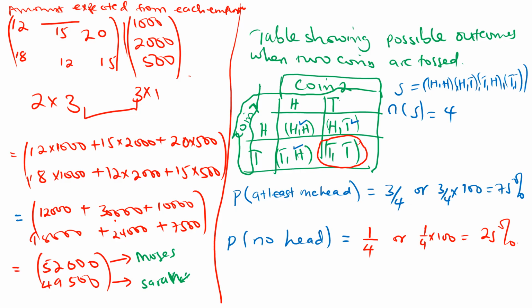Now here the question is asking, determine the probability with which the worker with the highest chance will be selected. Moses has the highest chance of 75% or 3/4.